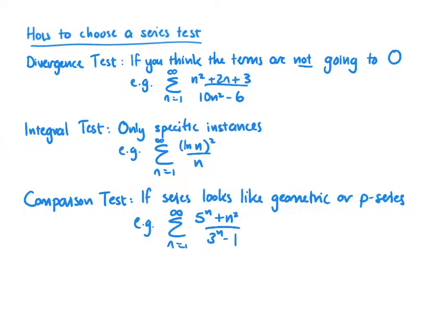Okay, I can use the direct comparison here. 5 to the n plus n squared over 3 to the n minus 1 is greater than or equal to 5 to the n over 3 to the n, and compare to that geometric series to get divergence. Of course, we need to have the comparison going the right way, or we should use a different comparison test.